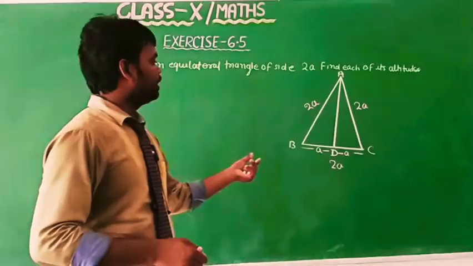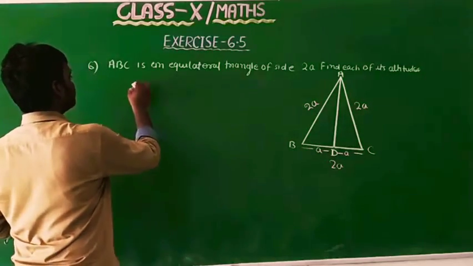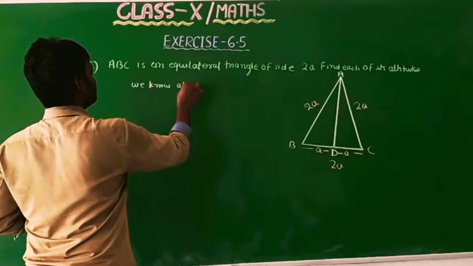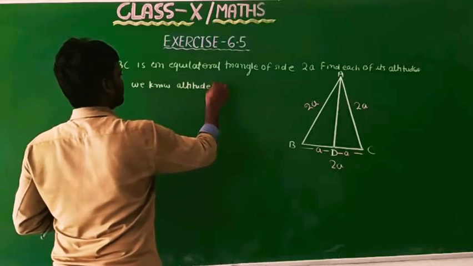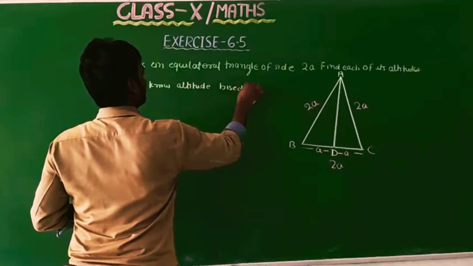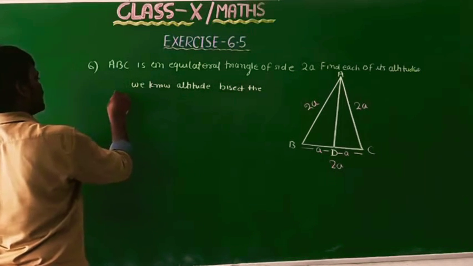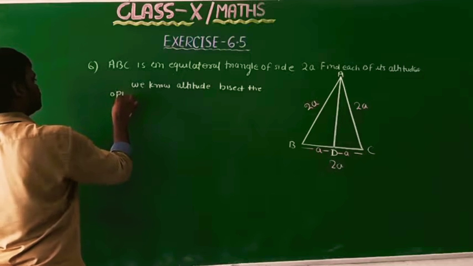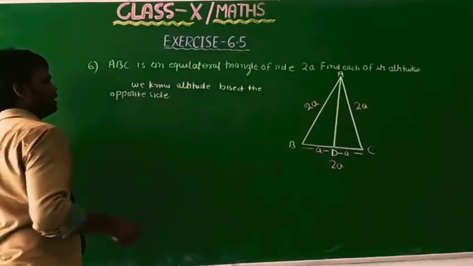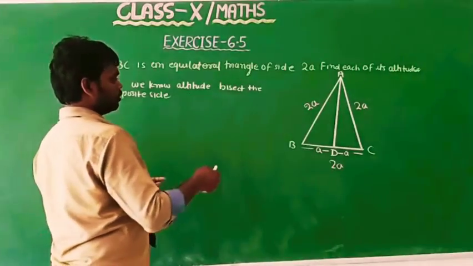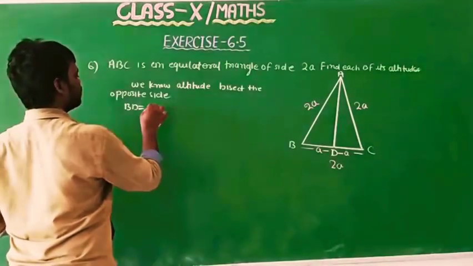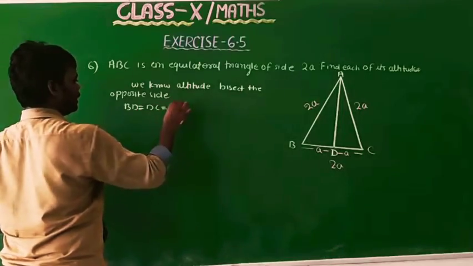So we know the altitude bisects the opposite side, so BD equals half of BC equals a.